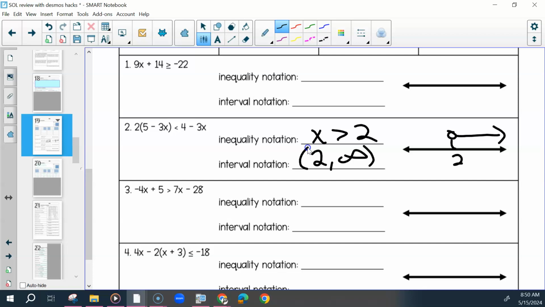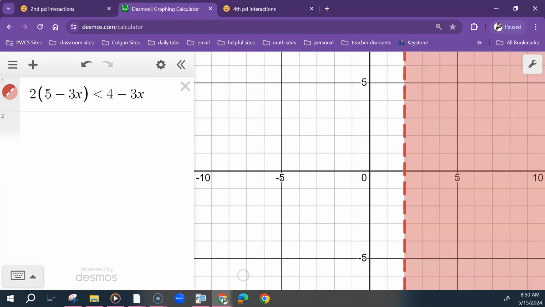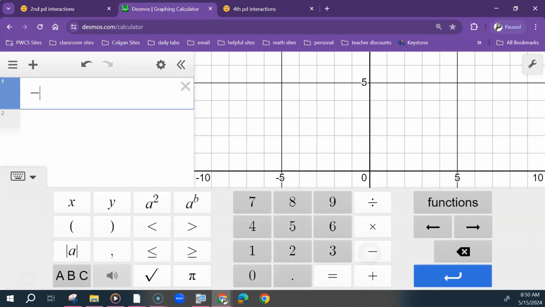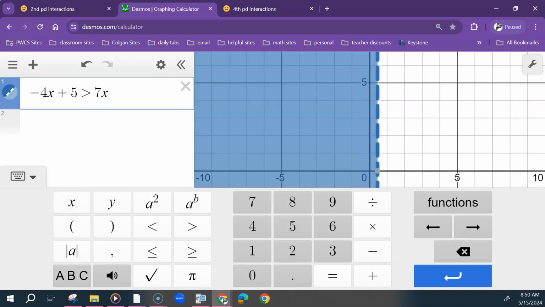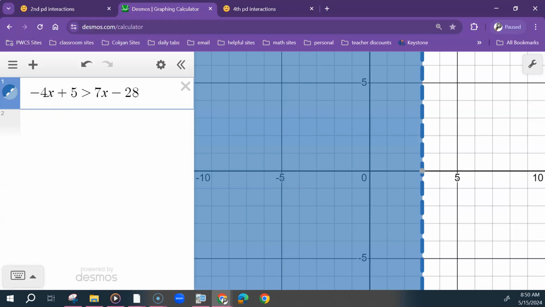Number 3, sure. So it'll be similar, but now it's facing the left. So our inequality notation would be x is less than 3.